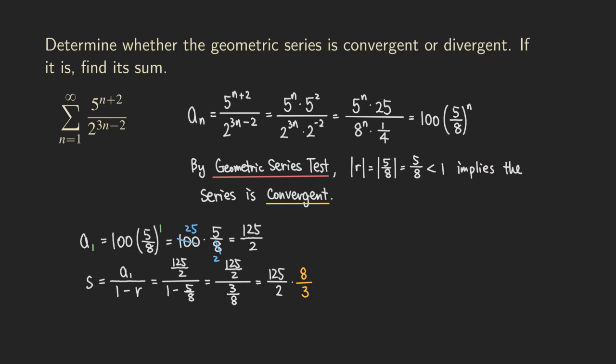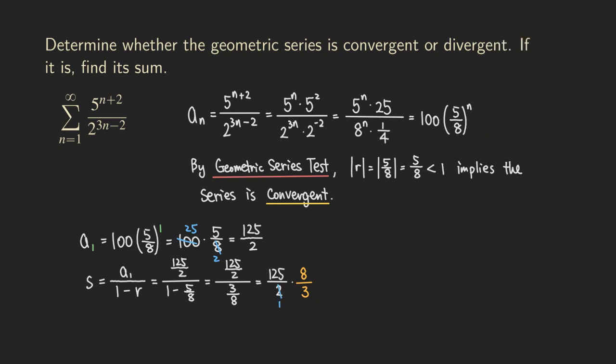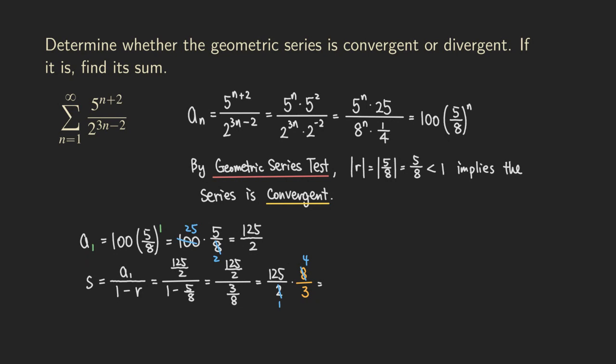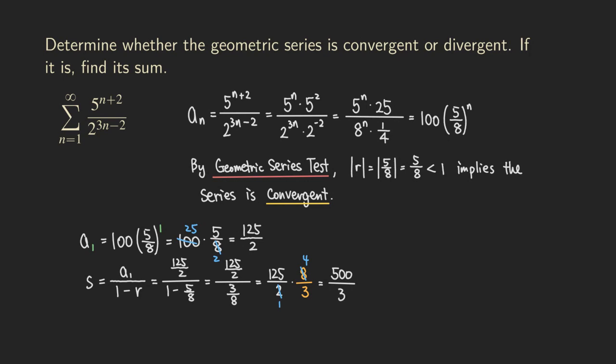And so what do we get here now? Let's do the canceling here. We have the 2 canceling with the 8, so we get the 4 at the top. So now we have the sum, which is 125 times 4 at the top, which is 500. And then in the denominator, we just have 1 times 3, which is the 3, so we're finished. So that's what the sum is.